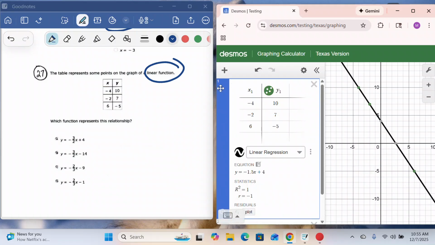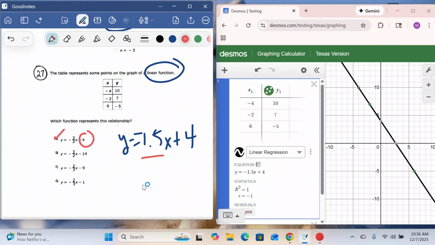I put the linear function, I add regression. I know it is y equals negative 1.5x plus 4. And I know my slope, or my rate of change, is negative 1.5. And I know my last one is a 4. The only one that could be the correct answer is letter A.